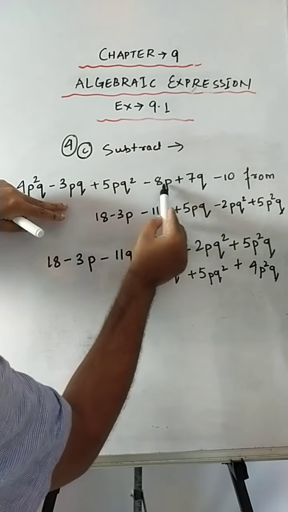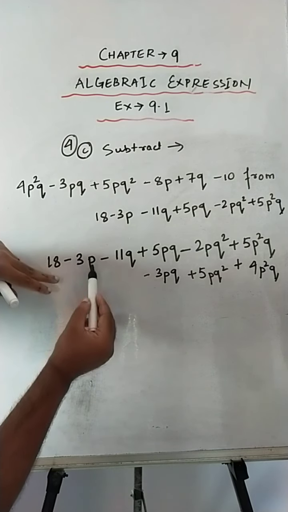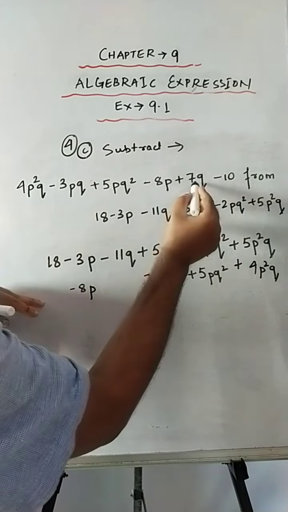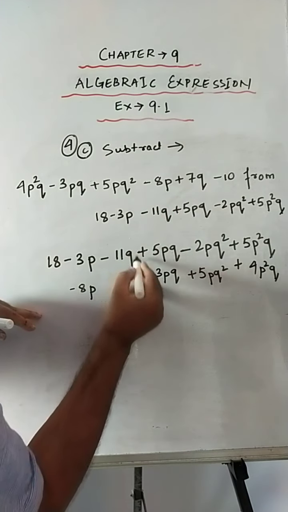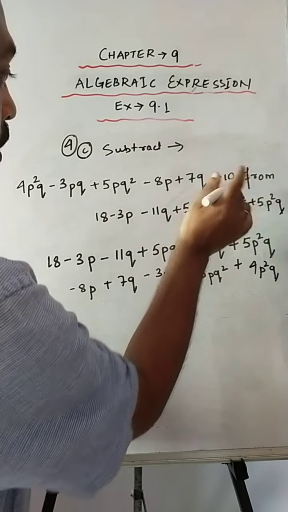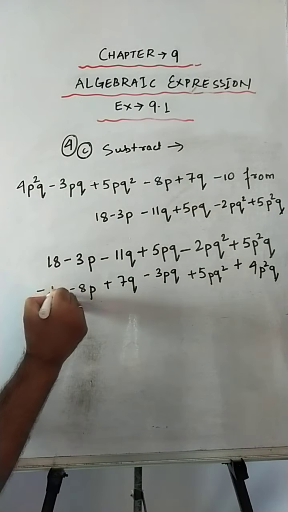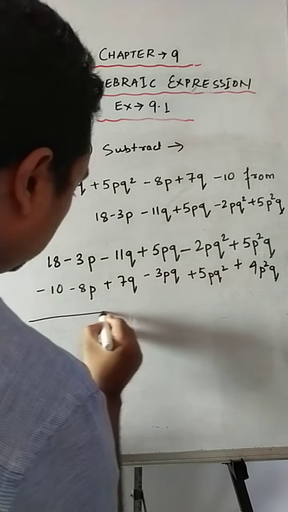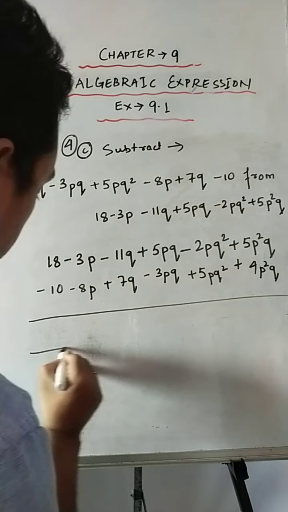So what is the next term? 8p. Where we have p? Yes. So below p, we'll write this minus 8p. Now after that, 7q. Q variable, just below the q variable, plus 7q, and at last we'll have the constant term, that is minus 10. So here we'll write minus 10. Fine. So now we'll put a line like this.